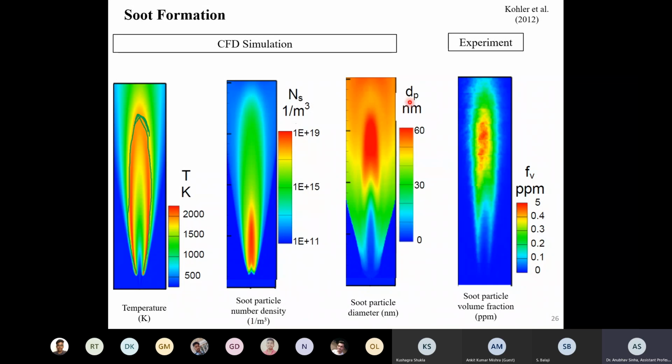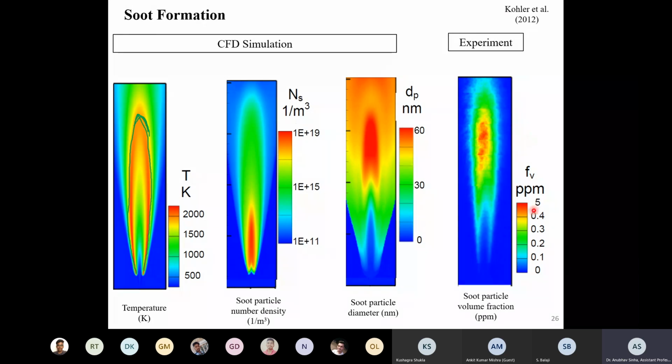This is from CFD, from Kohler et al. They published a paper on this. All these results they got from CFD, and then they did some experiments. There is something called laser induced incandescence, LII. There are different laser based techniques to obtain soot volume fraction and diameter.